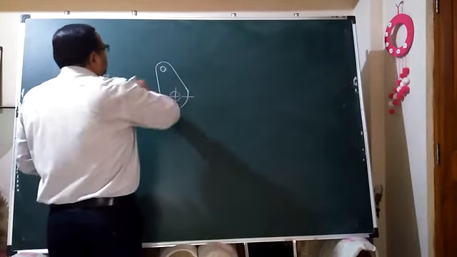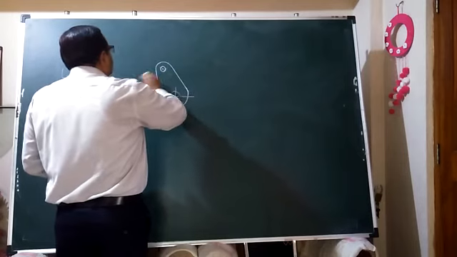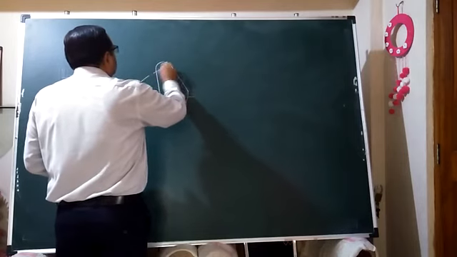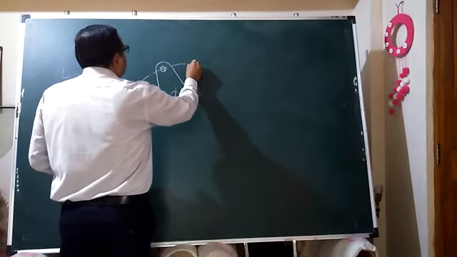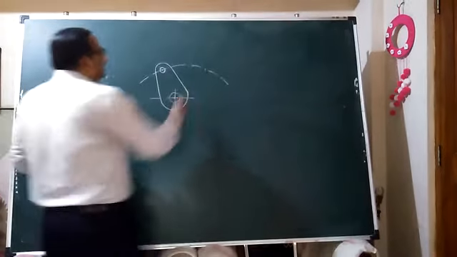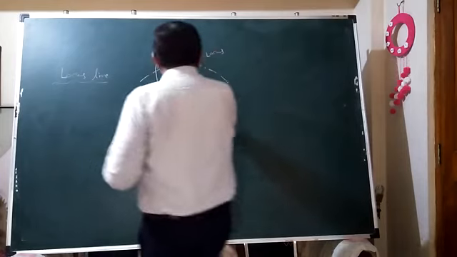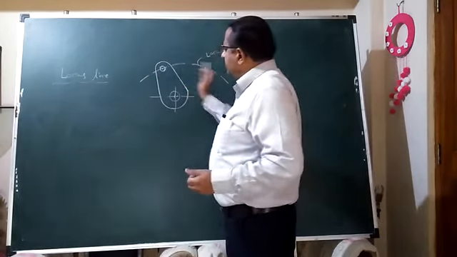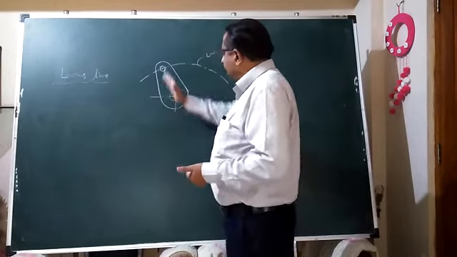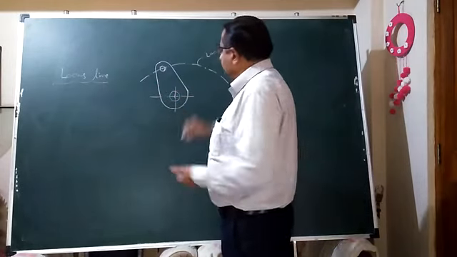So the path of this arm can be shown like this by using such a curved continuous thin chain, which is called a locus line. It shows the locus or path of that mechanical arm, which is getting swung about this center.